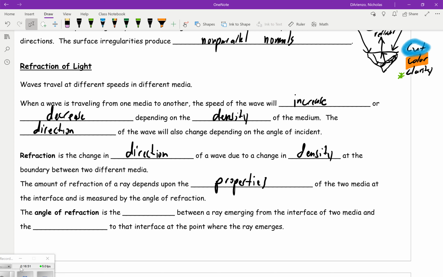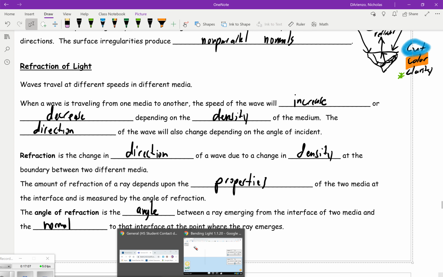The angle of refraction is the angle between a ray emerging from the interface of two media and the normal to that interface at the point where the ray emerges. And I'm going to show you a little example of this.